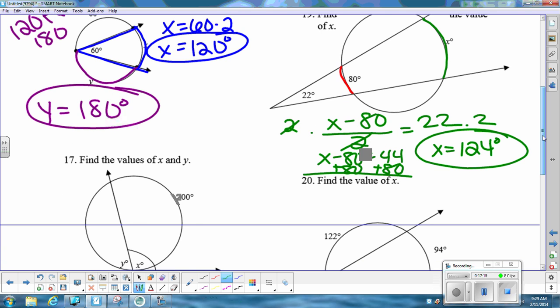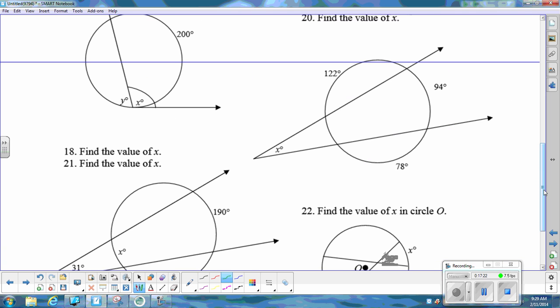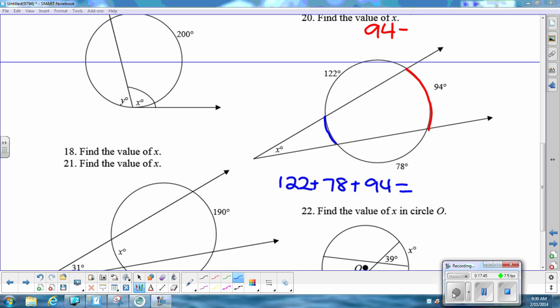Number 20. Right here. Okay, so I have a lot of the pieces of my circle, but I don't have the little piece. I have the big piece, which is 94, minus, I need to figure out the little piece, which is this part. That little piece is going to be 122 plus 78 plus 94, and that is 294 degrees.